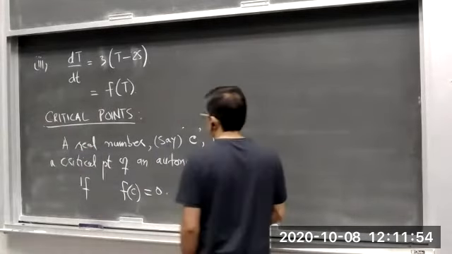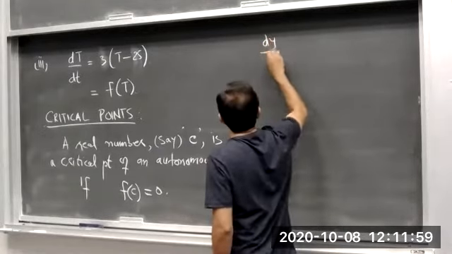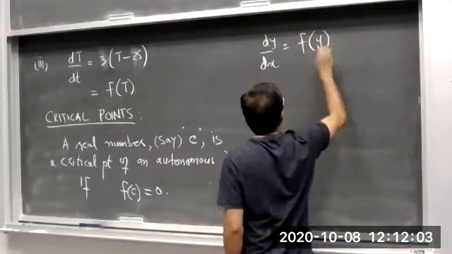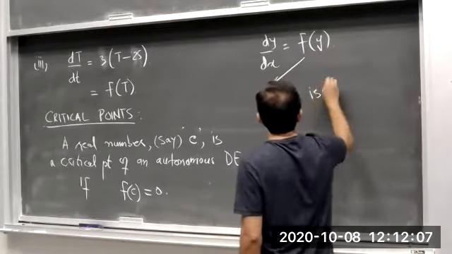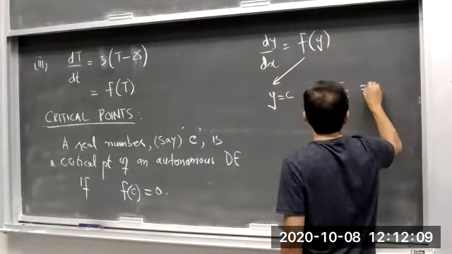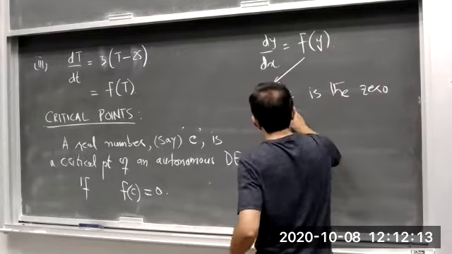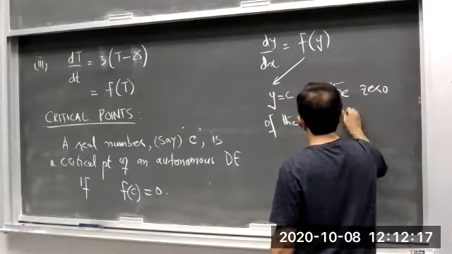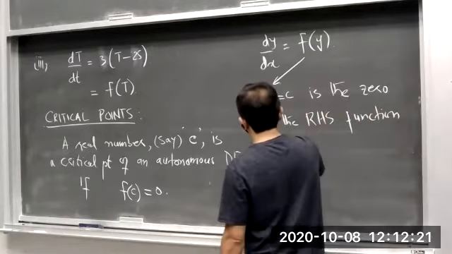What does it mean? If we have an autonomous differential equation dy by dx is equal to f of y, then y is equal to C is the zero of the right-hand side function f of y.